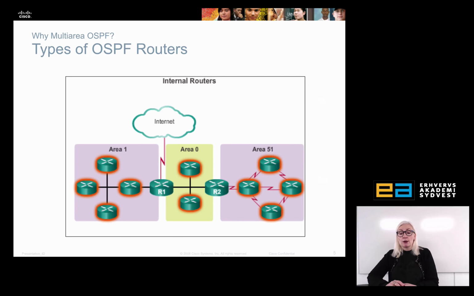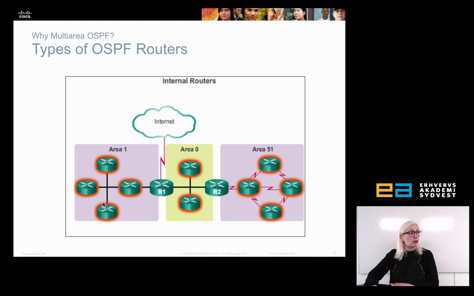When we have multi-area OSPF, we will normally talk about different types of routers, which indicate what kind of function they have in our multi-area OSPF. The first one is the internal routers. These are the routers within an area, which do not have any functionality in connecting areas.